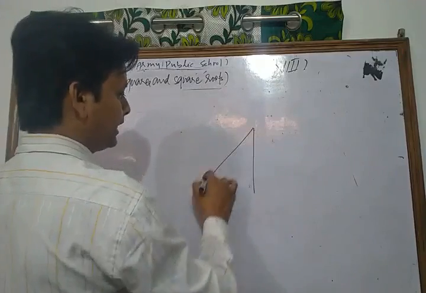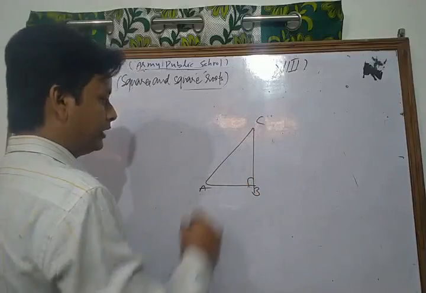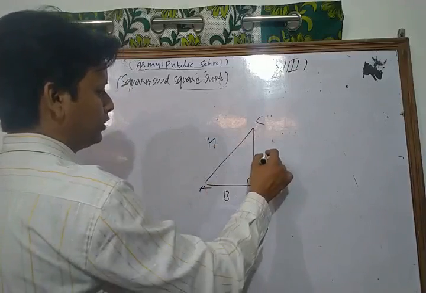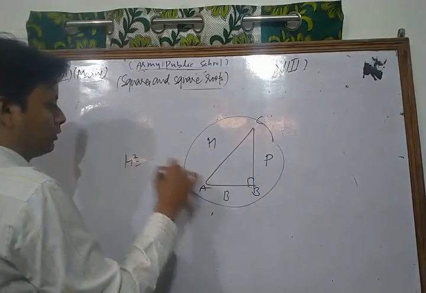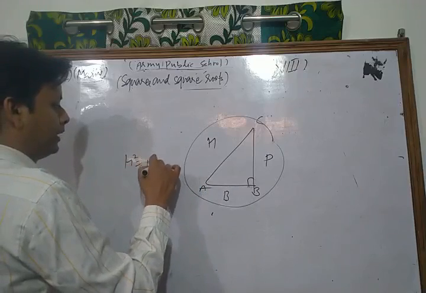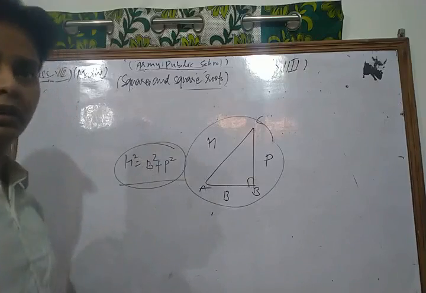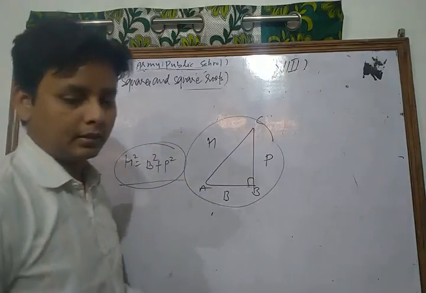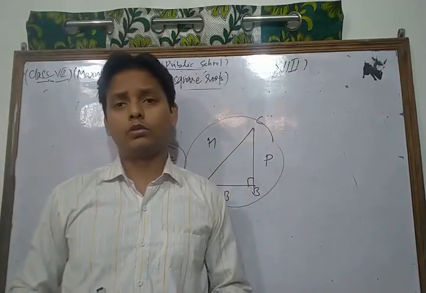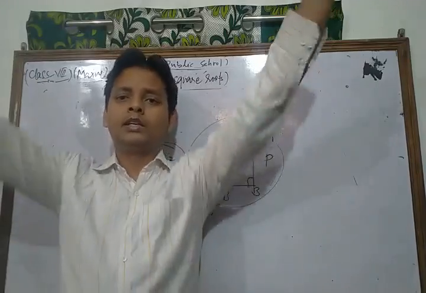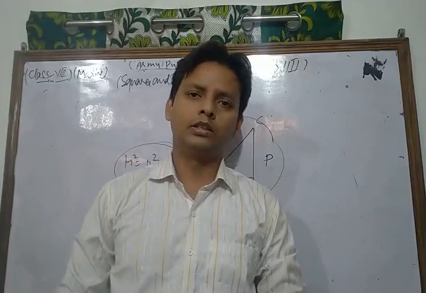You know that in any right angle triangle ABC, which is right angled at B, this is your hypotenuse, this is your base, and this is your perpendicular. And you know that the square of the hypotenuse is equal to the sum of the squares of the base and perpendicular. Okay. So in this class, we took some important questions to find the square root by the division method, and some other important questions from your exercise.